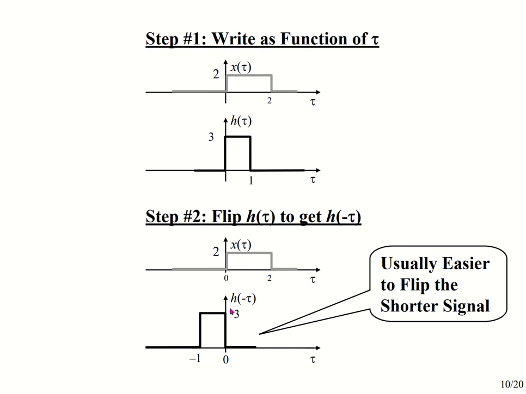This can go either way. You can in fact flip the input signal x and keep the impulse response h intact, and then perform the convolution. Either way you're going to get the same answer.